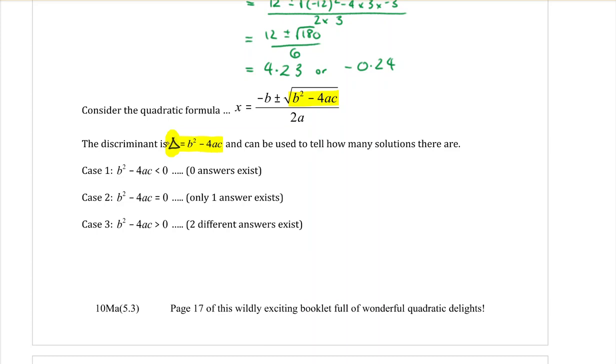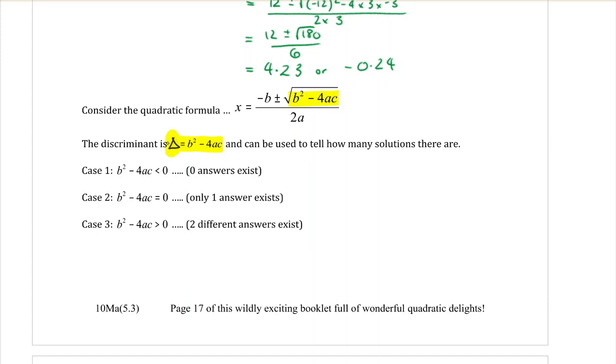If we're wanting to do a quick check with our quadratic that we've been given to solve, if we're trying to find out how many solutions we're going to have, we sub in our a and our b and our c into this, and the number that we get tells us the number of solutions. If I get a number that is less than 0, which is another way of saying negative, it means that I'm trying to square root a negative number.